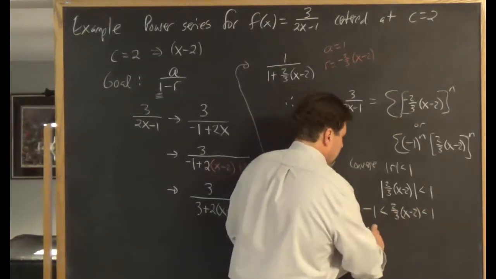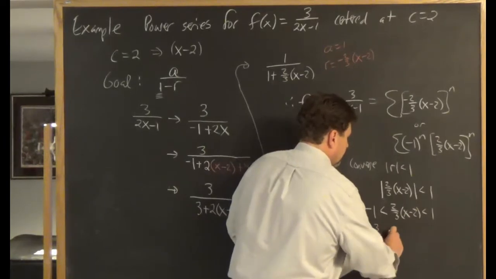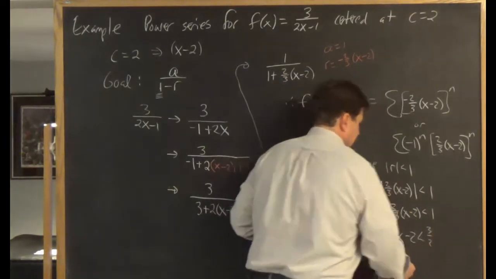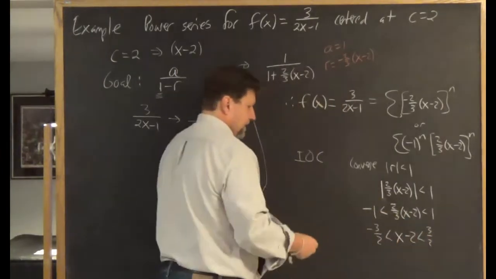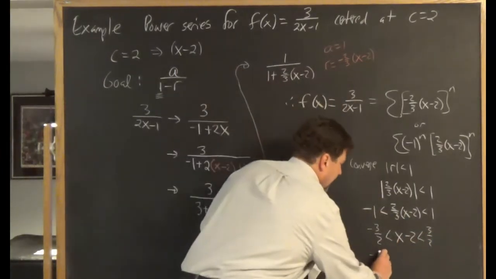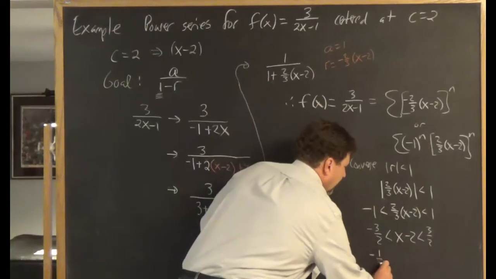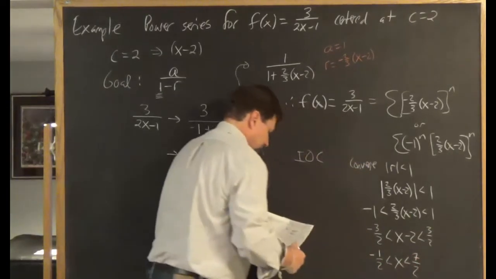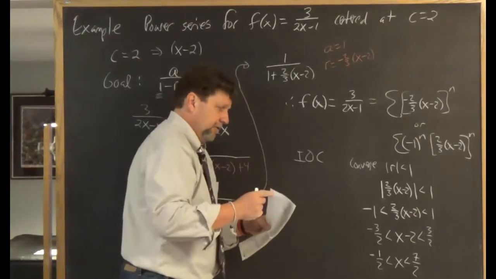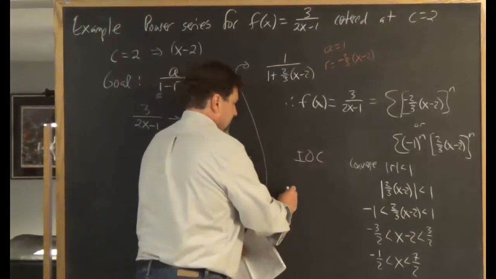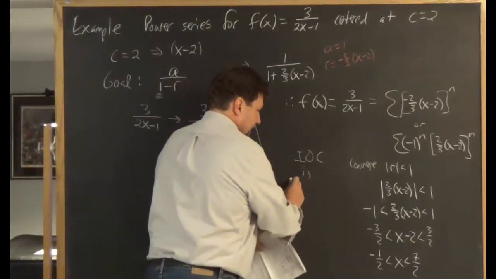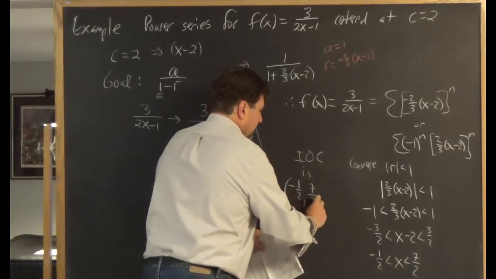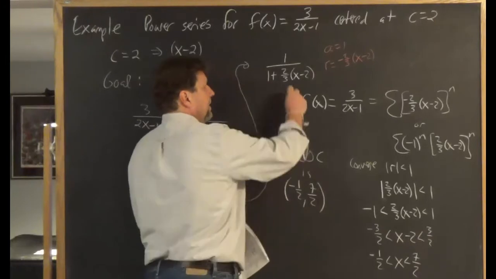Multiply everything by 3/2. Then add 2 to all the pieces. And when you add 2, I think you get negative 1/2 less than x less than 7/2. So that tells you the interval of convergence is negative 1/2 to 7/2.